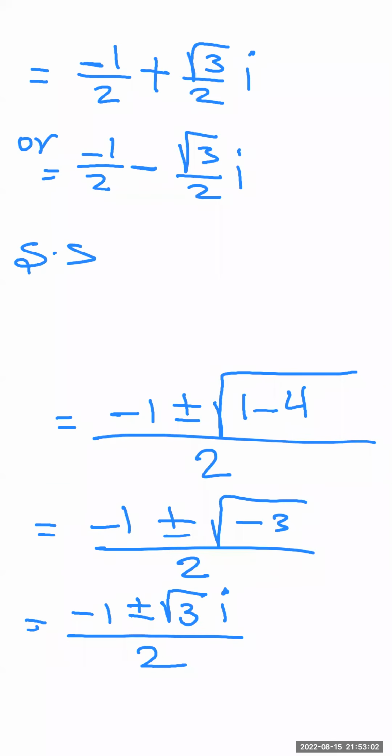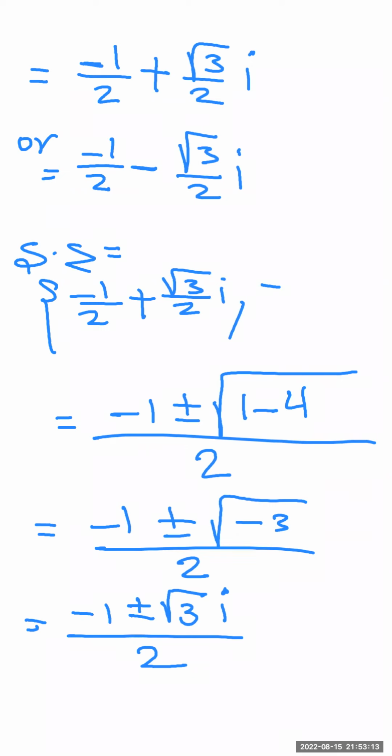Finished. The solution set equals the set of negative 1 over 2 plus square root of 3 over 2 i and negative 1 over 2 minus square root of 3 over 2 i. Finished.